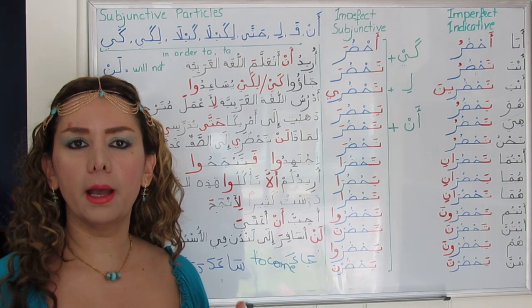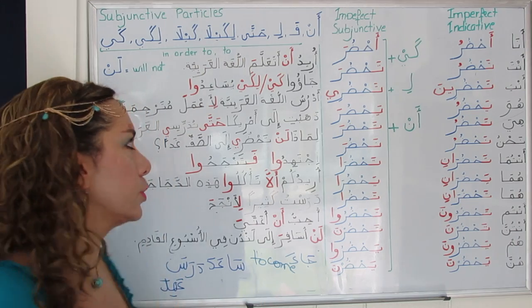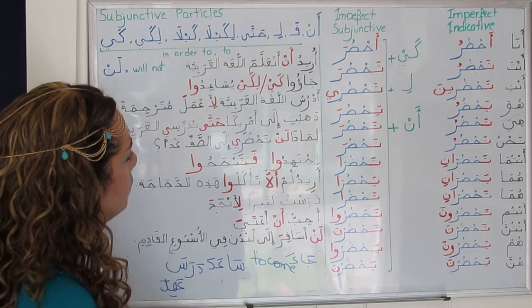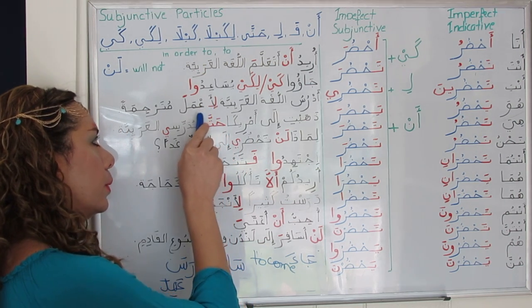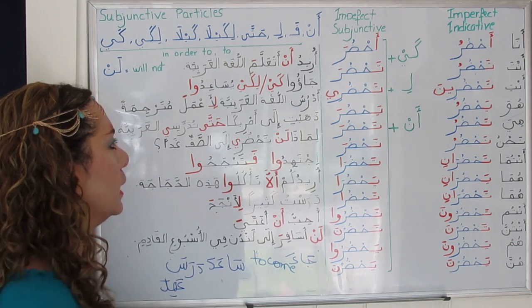That I work as a translator. To work as a translator. It's subordinate clause. So li is making the verb عمل subordinate to the main verb درس.